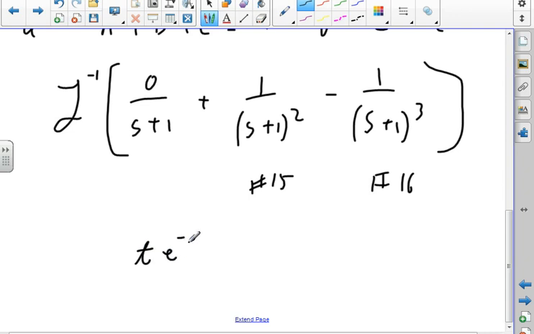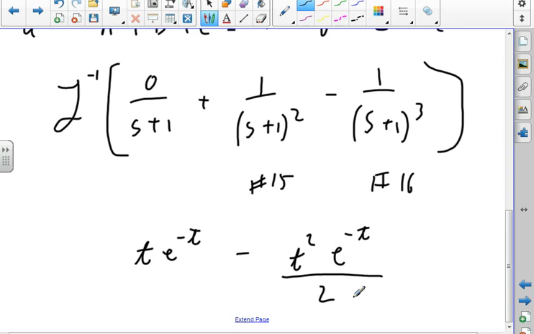T e to the minus t minus the 16 guy, so that'd be t squared e to the minus t divided by 2. Okay, so that's how I do that problem.